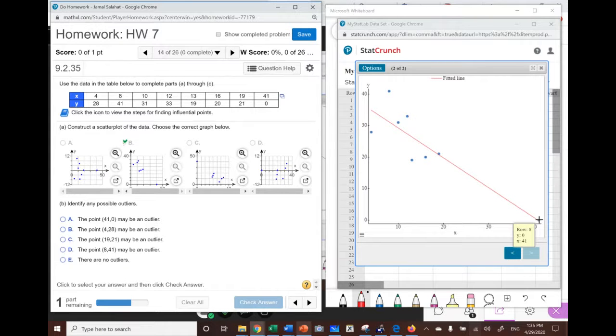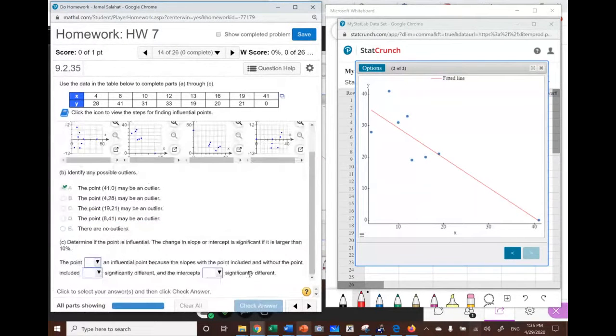If I move the mouse over it and hover, it tells me this value is row 8, where x is 41 and y is 0. This is the last piece of data, so 41, 0 will be my outlier. That's an obvious outlier because it's far away from the rest of the data. Let's double check here, and it's going to be a good answer.